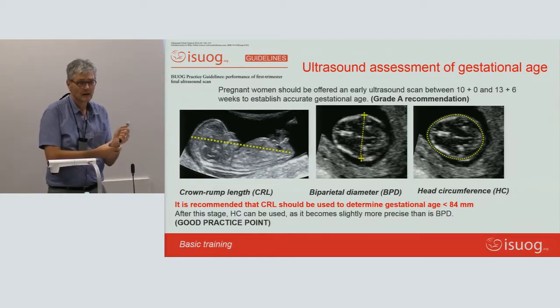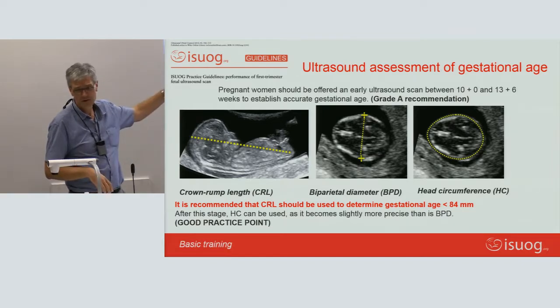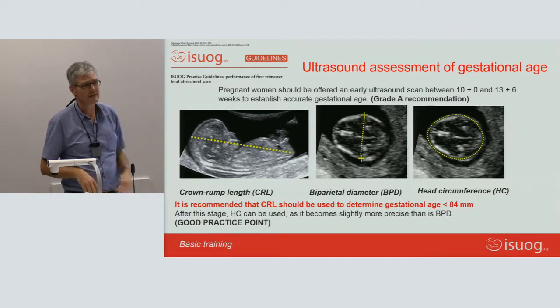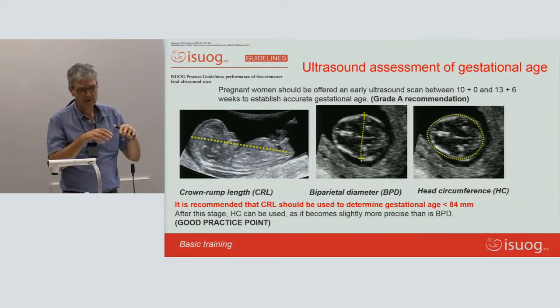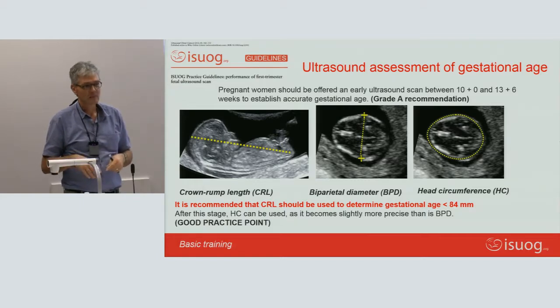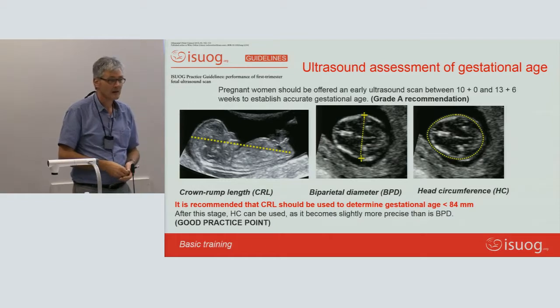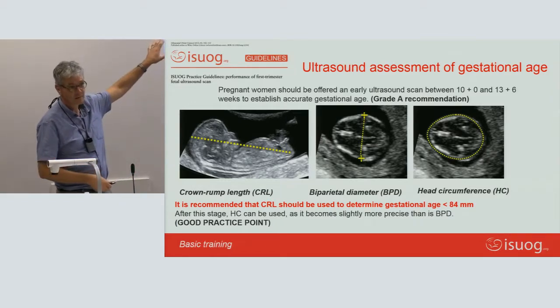And I remember at somewhere I had to give a talk, and I realized I wanted to show a nice picture of a crown rump length, and I didn't have one. At that stage, I was still in Utrecht, and I could actually log into what's happening in the ultrasound unit remotely. And I said, oh, okay, there's a sonographer who's going to do a first trimester scan. And lo and behold, the first picture came up like this.